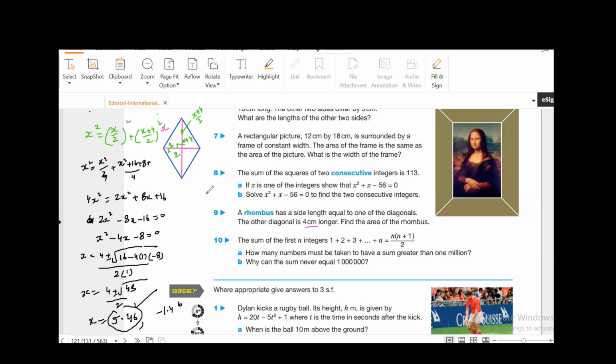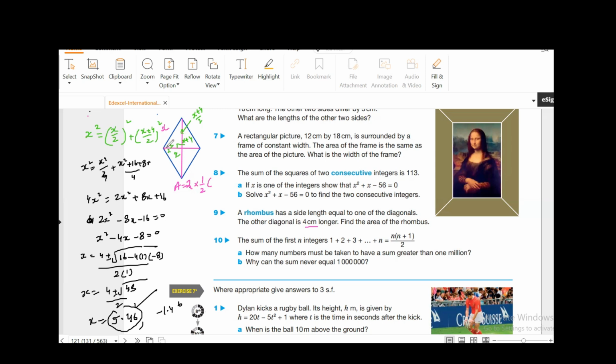Remember that if we try to make a formula, there are two big triangles we can make inside. So for example, the area of the rhombus, I would say A equals, and there are two portions, so I will multiply by 2. How do we find the area of a triangle? 1 over 2 base times height.